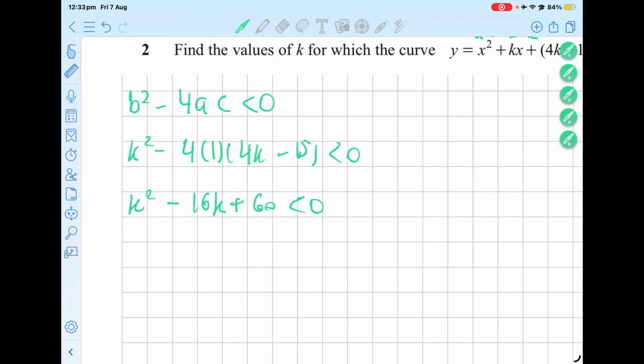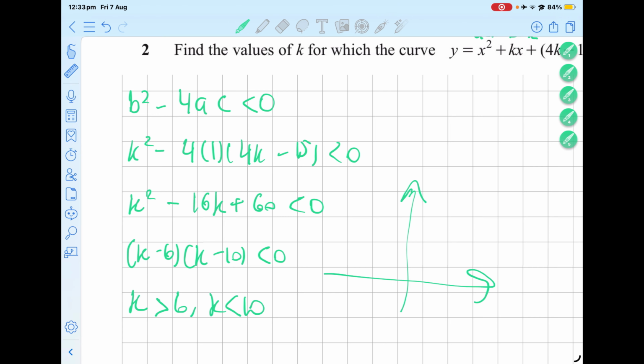So this could be factorized into (k minus 6) into (k minus 10), which must be less than 0. So k must be greater than 6 and k must be less than 10, because if you sketch out this polynomial, it should look something like this.